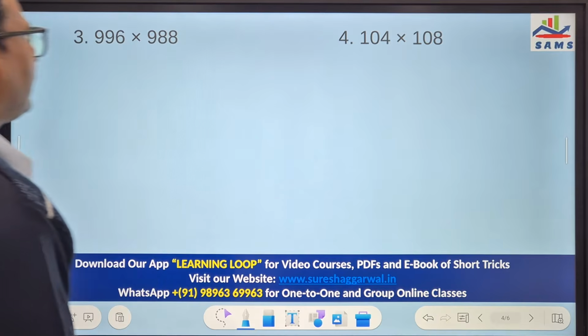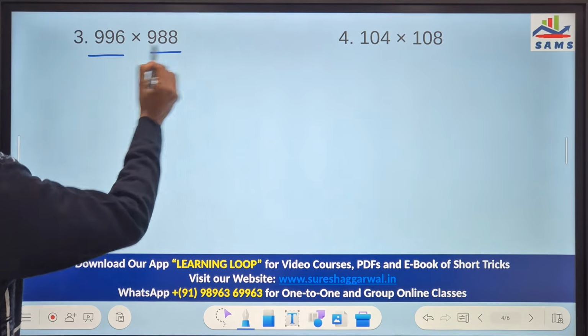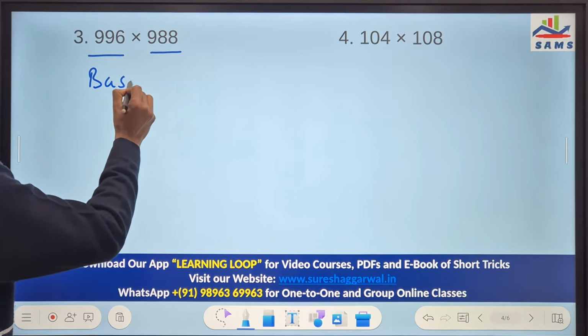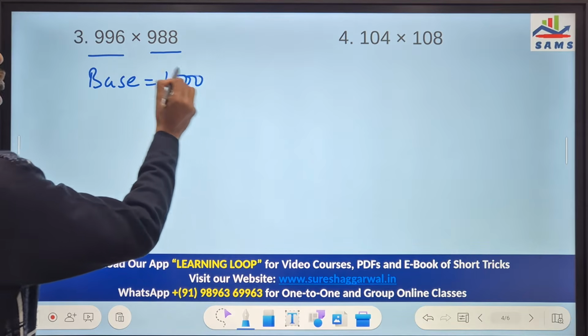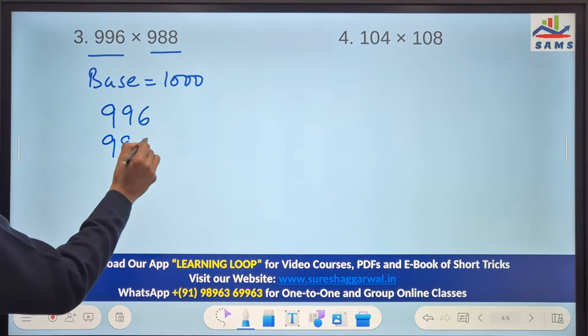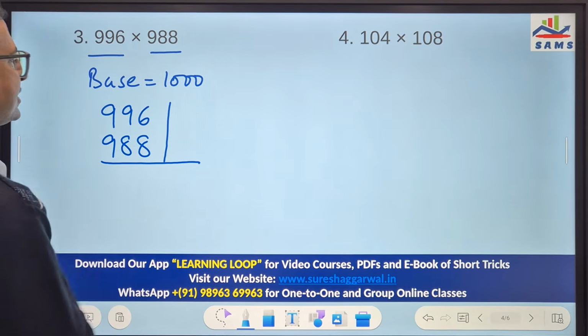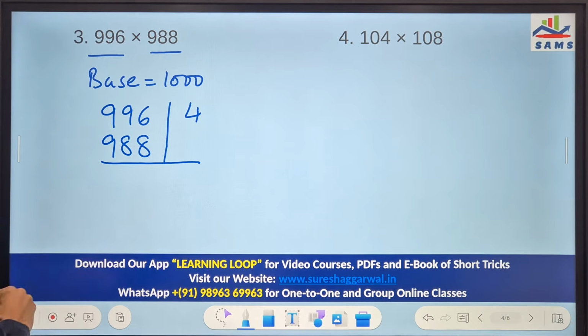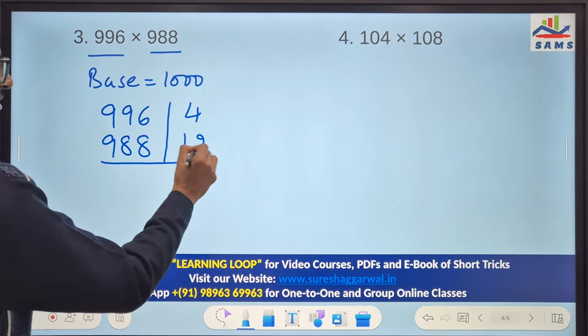Now let's complicate the problem. Here we have the two numbers which have the base 1000, because they are very close to 1000. So 996 multiplied by 988. How much is the deficit? This is 4 less than 1000 and this is 12 less than 1000.